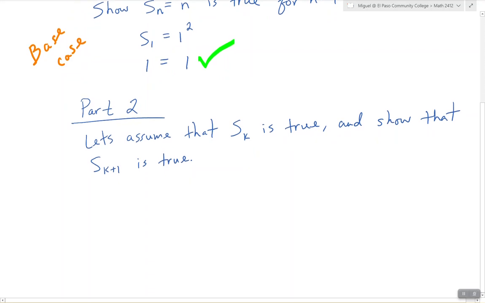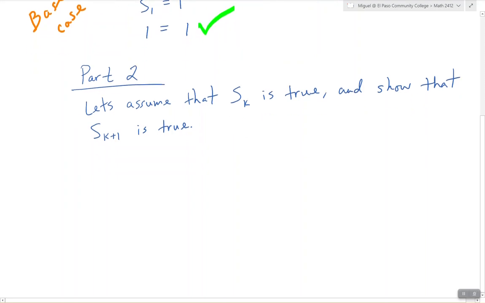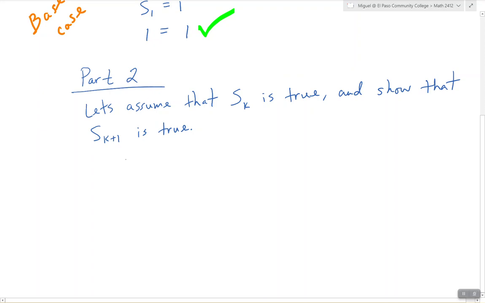Okay, so this is going to be the basis of all your induction proofs. So we're going to assume that s sub k is true automatically. And then we're going to show that s sub k plus 1 is true. So the first part is the given part, right? That's our assumption. We're going to assume that s of k is true. So we're saying that, let's put assume, s of k.